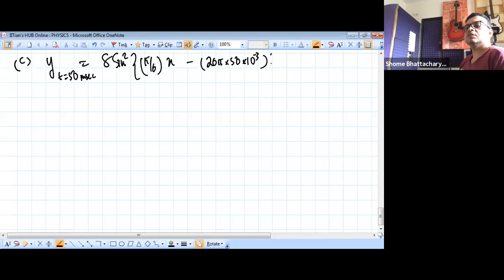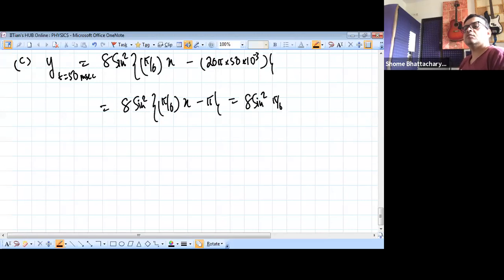You see that this term becomes pi. So it becomes 8 sine square (pi by 6)x minus pi, which is the same thing as 8 sine square (pi by 6)x, because the sine square function has a periodicity of pi.